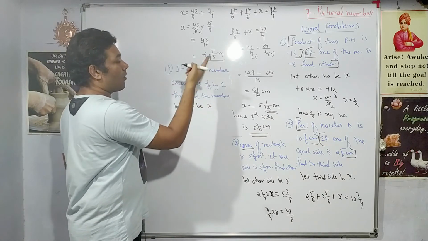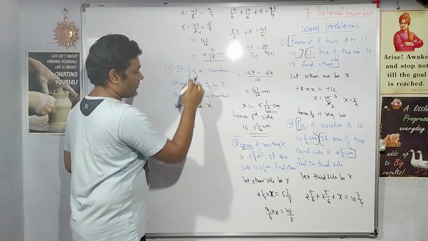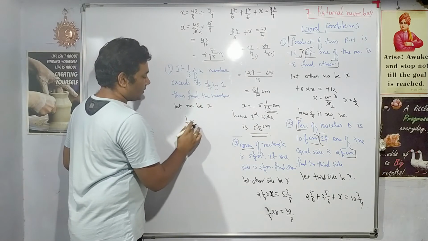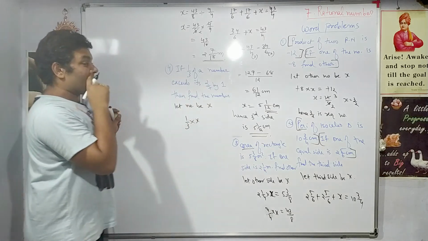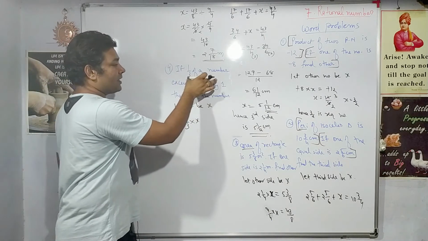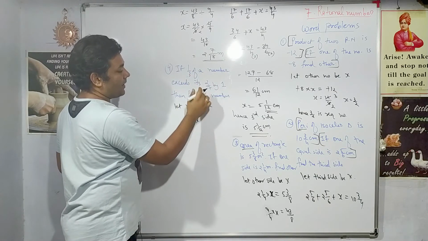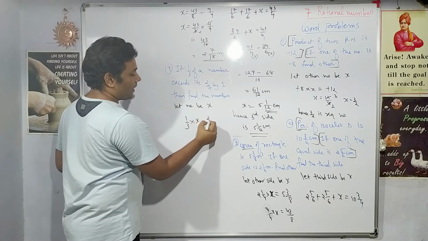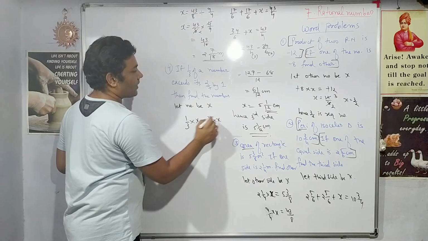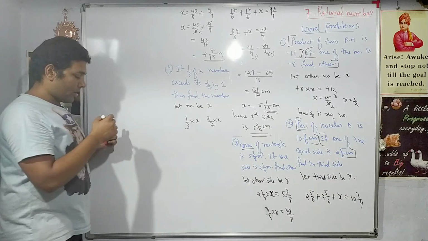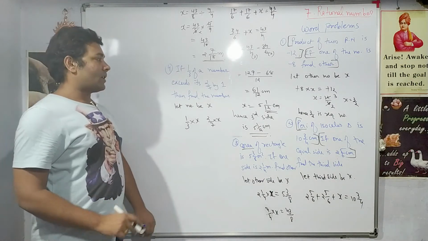So 1/3 of a number, of means multiply, and the number we have assumed as x. Exceeds means this is greater by 2 by 7 of it, that is, 2 by 7 of x. See, decode the question. You have to understand the English and then convert it into mathematical form.